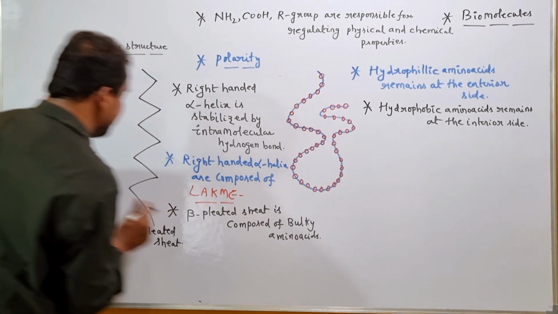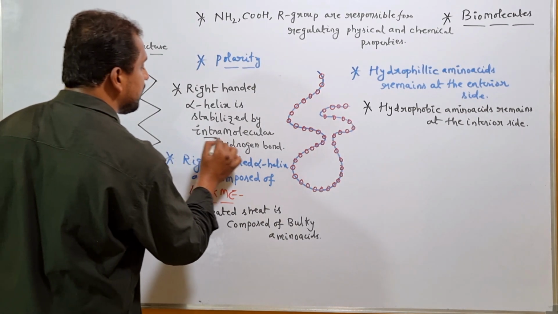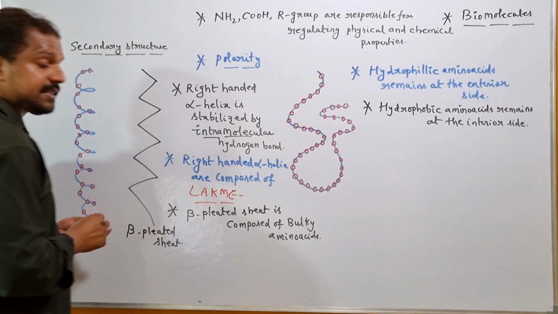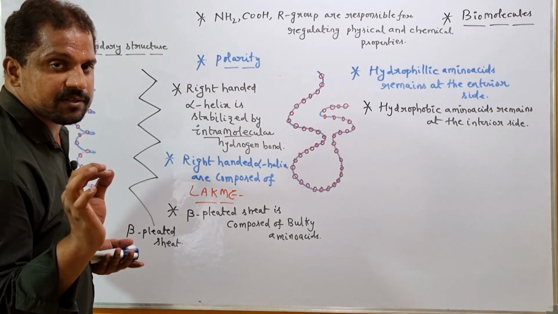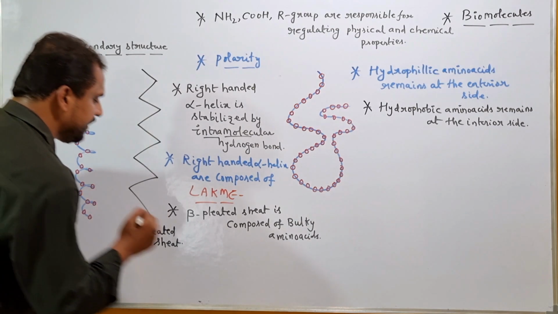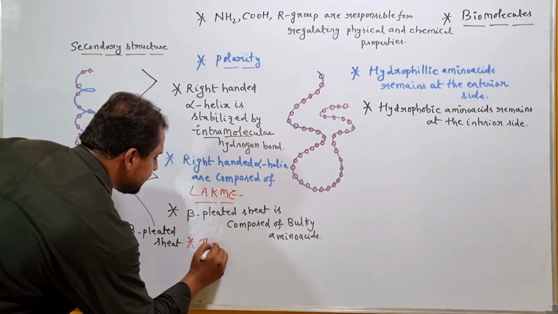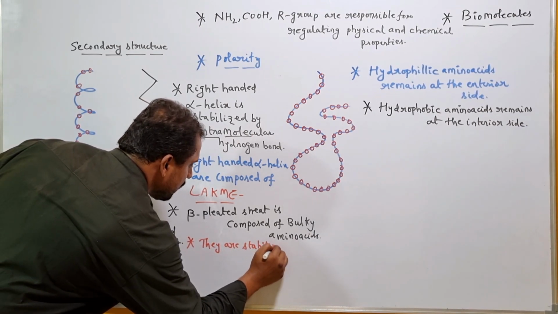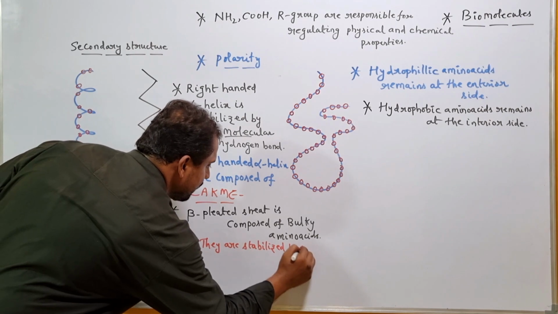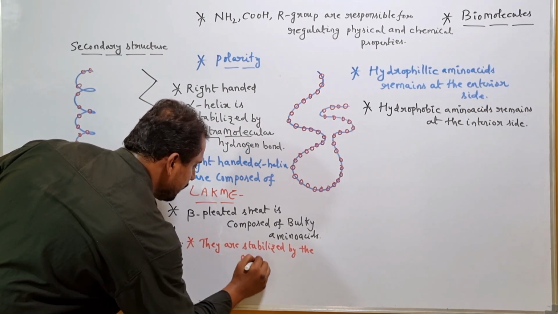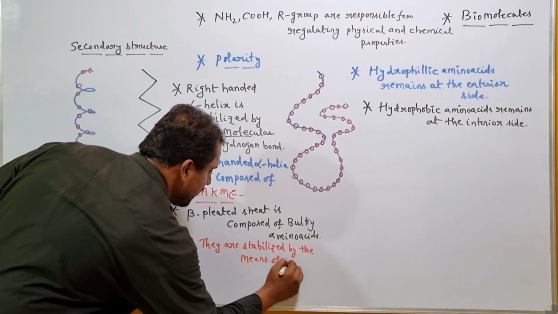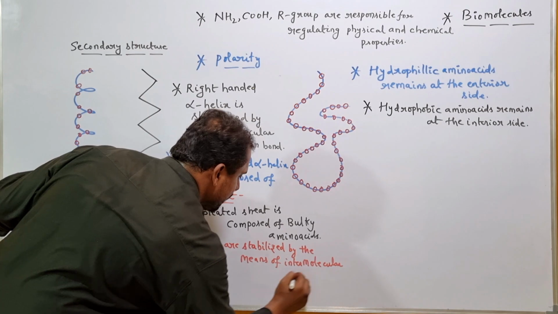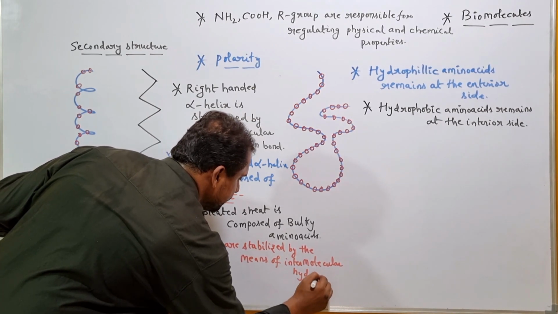And just as the right-handed alpha helix is stabilized by means of intramolecular hydrogen bonds, in the same way the beta pleated sheets are stabilized by means of intermolecular hydrogen bonds.